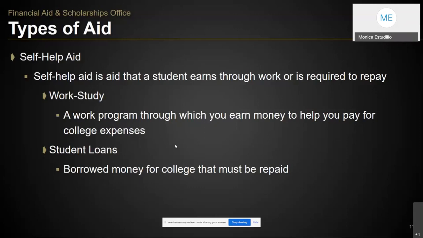Another good thing with work study is, they're really flexible with students because they know that school comes first, so you cannot work more than 40 hours in a 2 week period. Generally, it's 20 hours a week that you're allowed to work at the most.